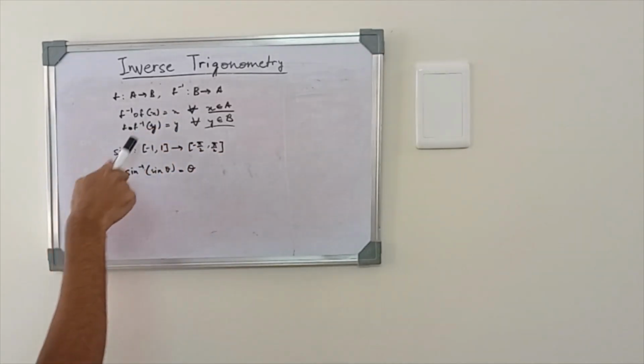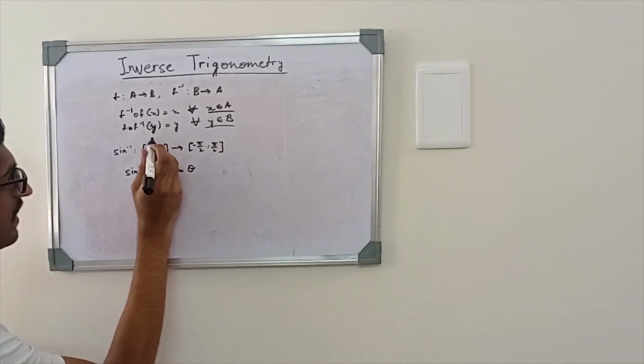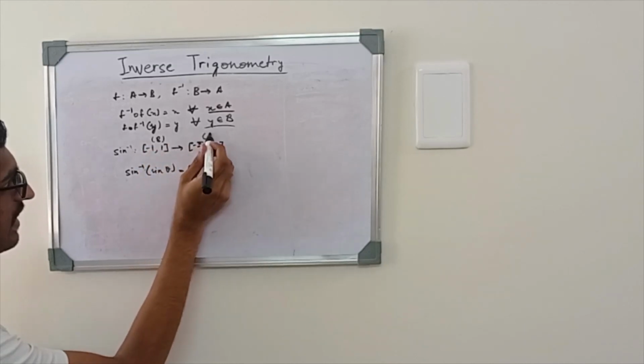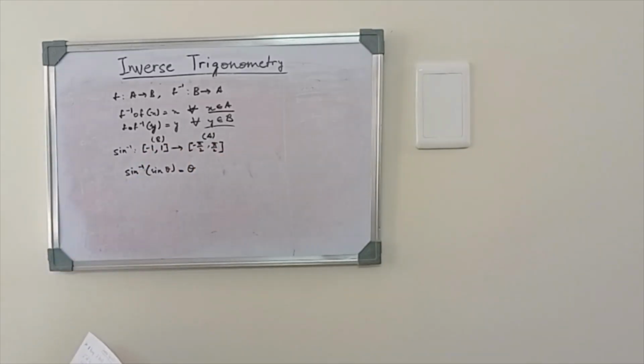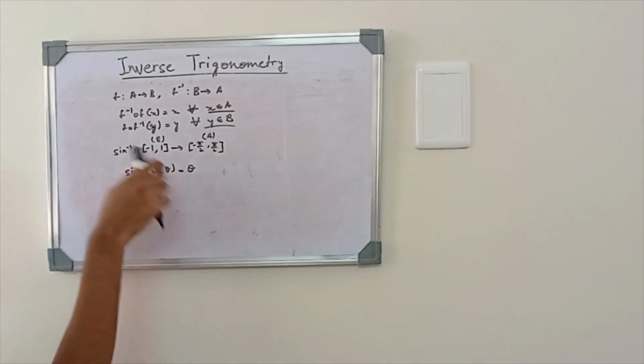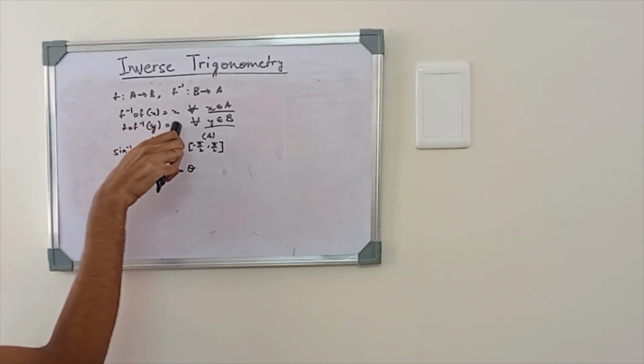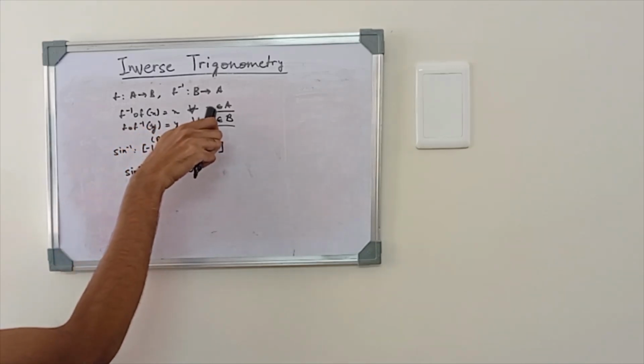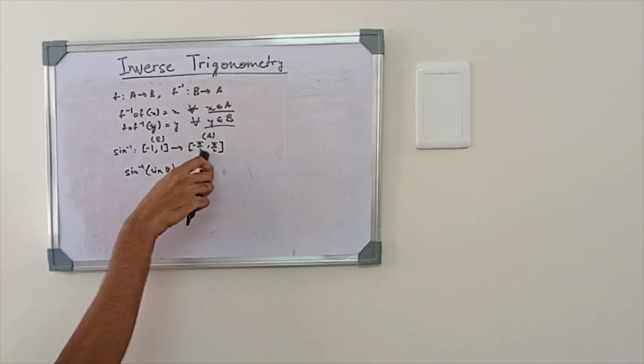If you compare this with this, we see that this is the set B and this is the set A, isn't it? So this relation corresponds to this relation over here, and it is valid when theta belongs to the set A. And what is our set A here? This one.